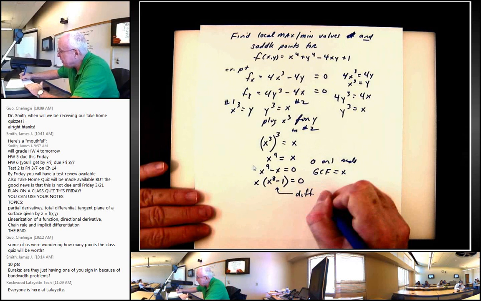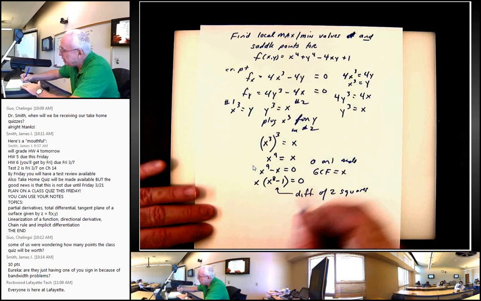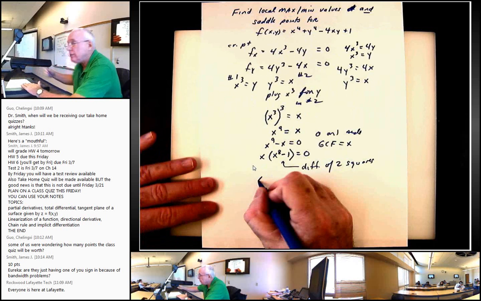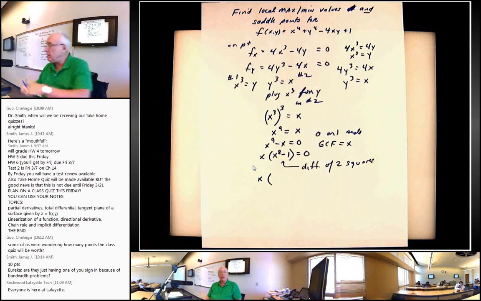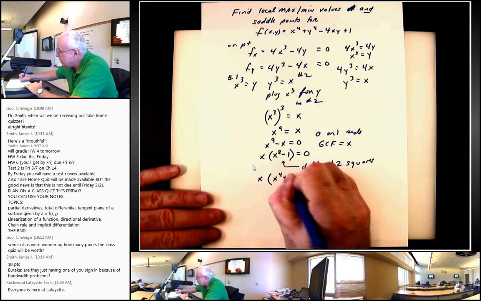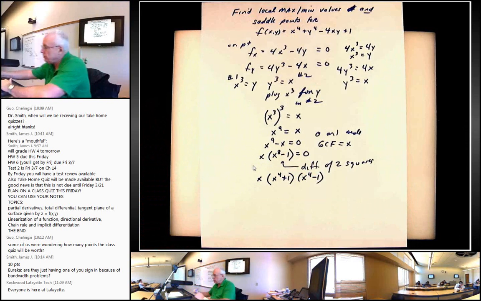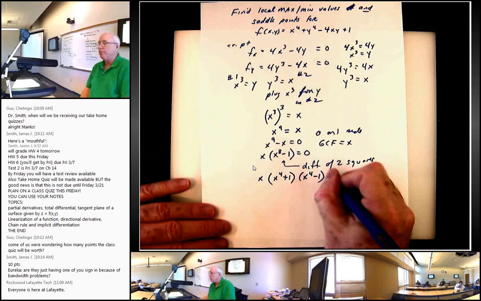And we all have that formula. So I want to factor it further. x to the 8th minus 1, I can factor as x to the 4th plus 1 times x to the 4th minus 1, difference of 2 squares, and this all equals 0.